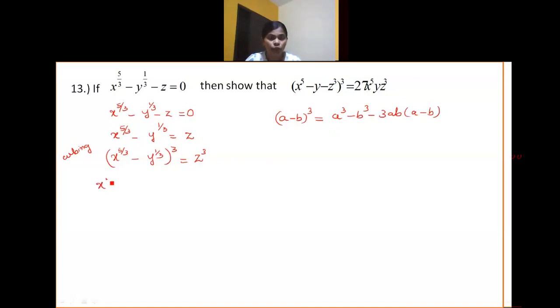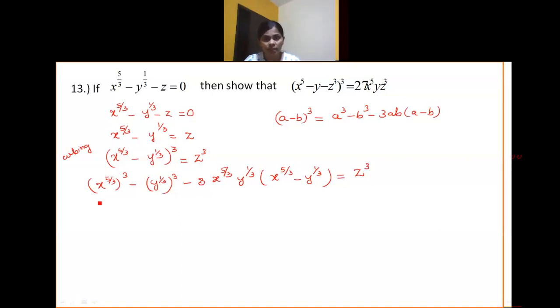That would be x to the power 5 by 3, its whole power 3, minus y to the power 1 by 3, its whole power 3, minus 3 times x to the power 5 by 3 into y to the power 1 by 3 into x to the power 5 by 3 minus y to the power 1 by 3, that's equal to z to the power 3 as it is.